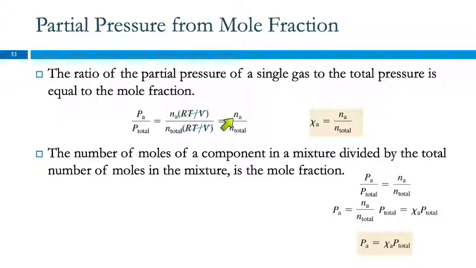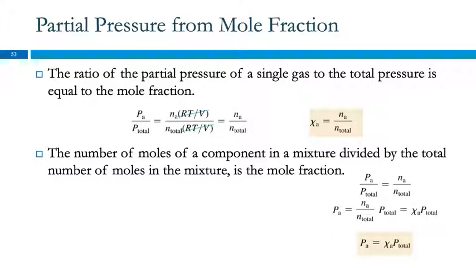The number of moles of A divided by the total number of moles. The part divided by the whole. So this is a fraction as opposed to a percentage, and it's called the mole fraction because it's moles.